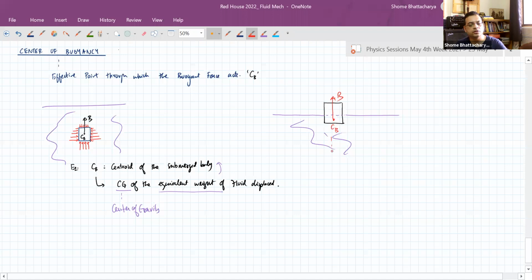So in this case, the center of buoyancy will be the centroid of the submerged portion. Because again, the general definition is that the center of buoyancy, it is the center of gravity of the equivalent volume of fluid displaced.